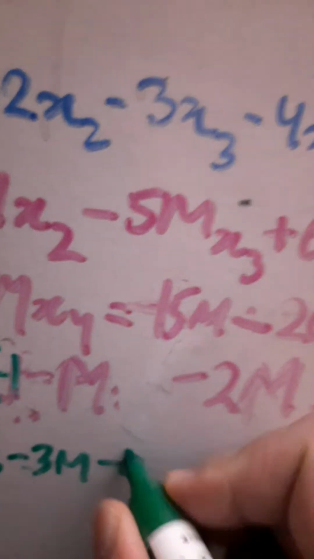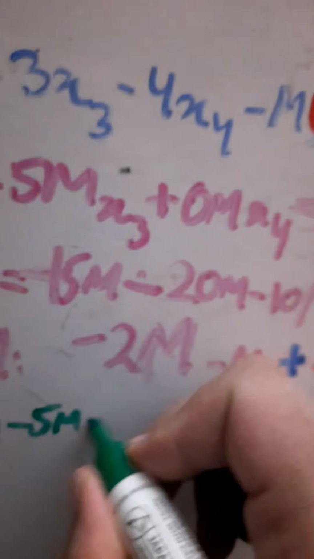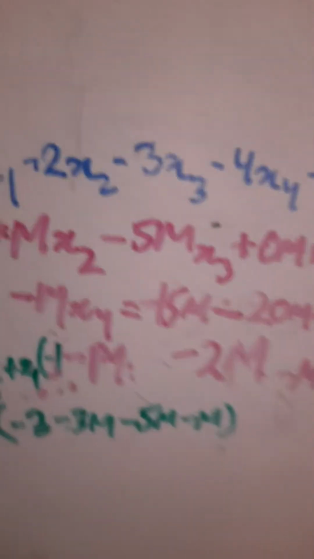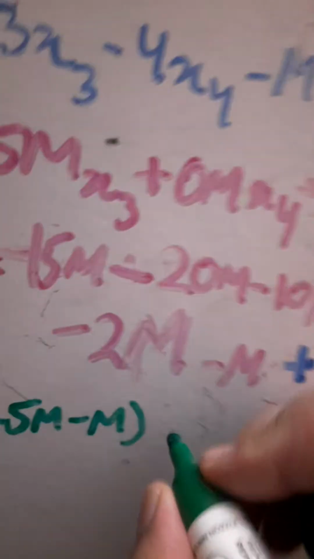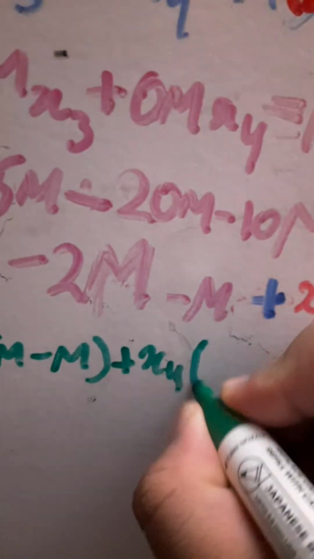Then we have minus 5m x3, and then minus mx3, so x3 removed, minus m remains. Now time for x4 action.